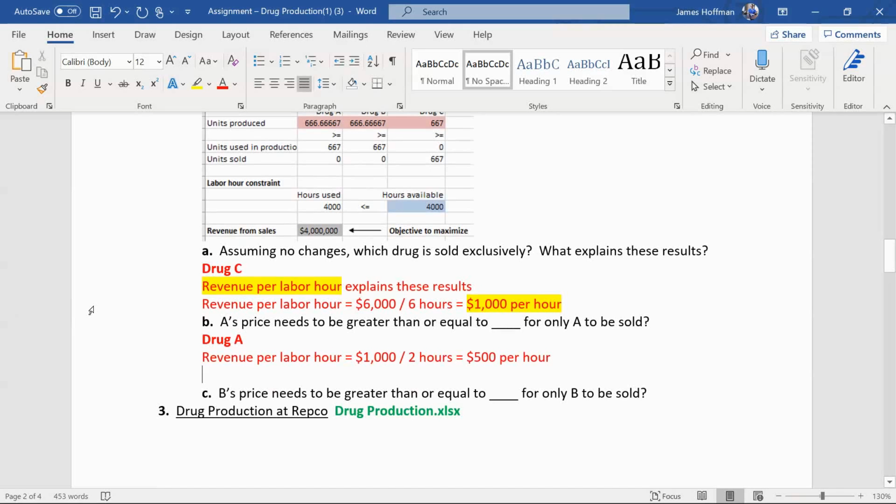Okay. So let's figure out the price it needs to go to be equal to $1,000 per hour.